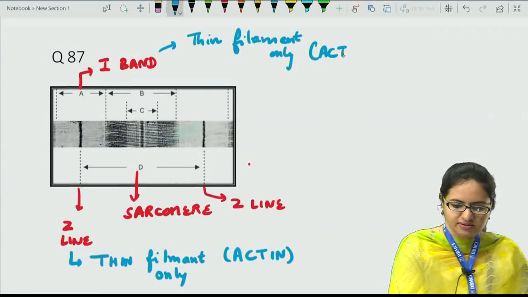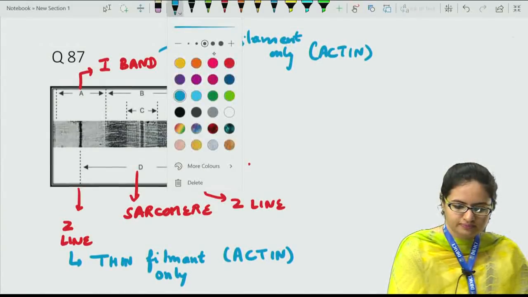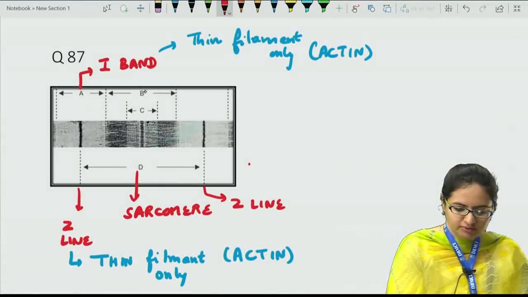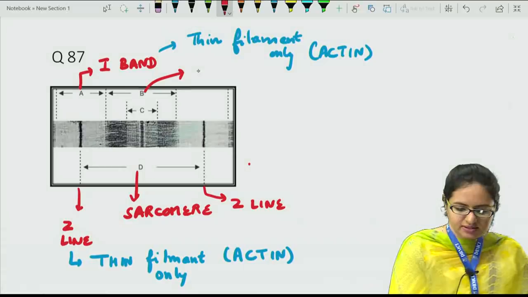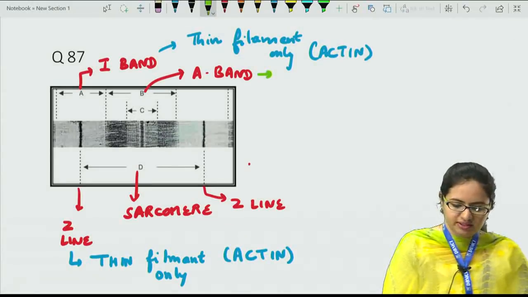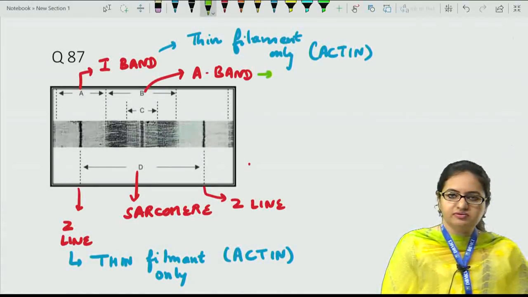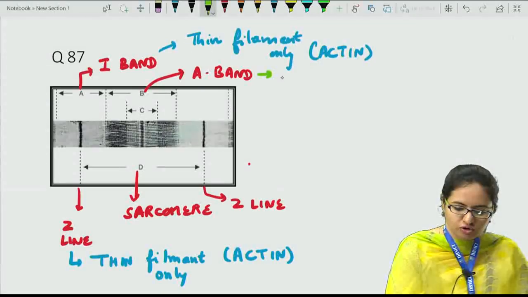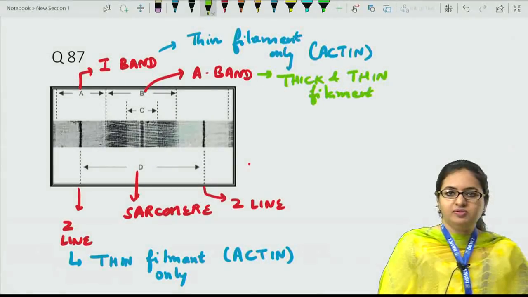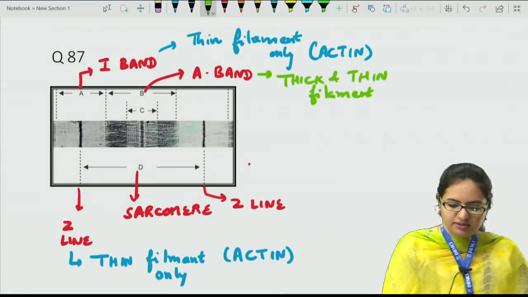Next is B. This complete portion is termed the A band, which has the thick filaments as well as the overlapping thin filaments. So the A band has both thick and thin filaments. The thick filament is formed by myosin and the thin one is actin.